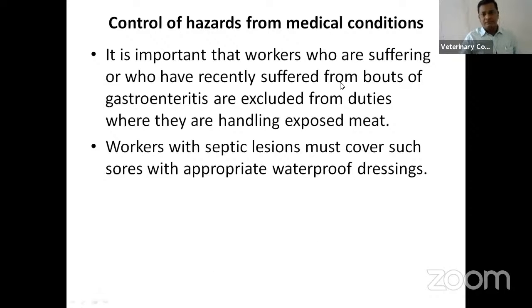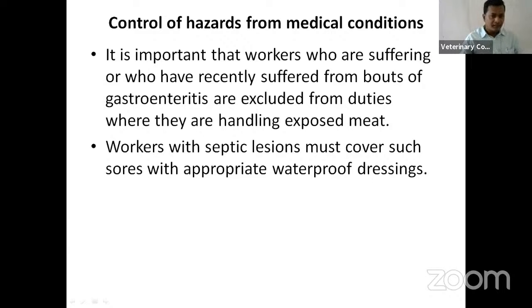So what happens, any person who has suffered from any gastroenteritis bout or episode must be excluded from duties. They should not be working in the slaughterhouse. The workers who are having septic wounds in their body, most importantly the hands, should not work.